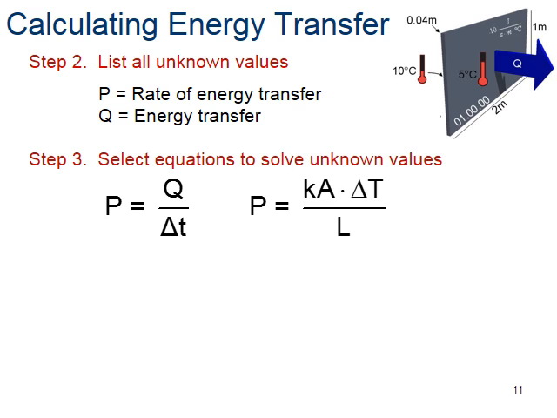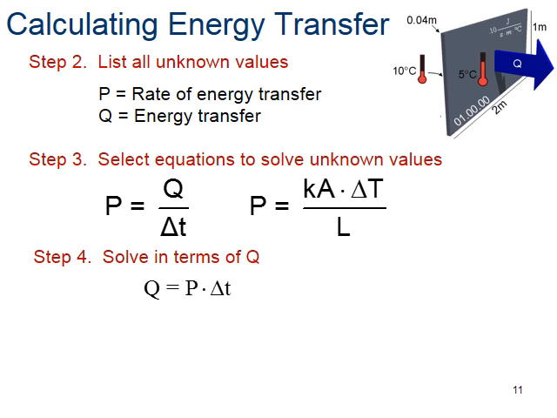These are the equations that we are going to use. You can see in the first equation, we don't know P and we don't know Q. That's a problem, so we need another equation. We know another equation for P, and that is K times the area times delta T over the thickness.